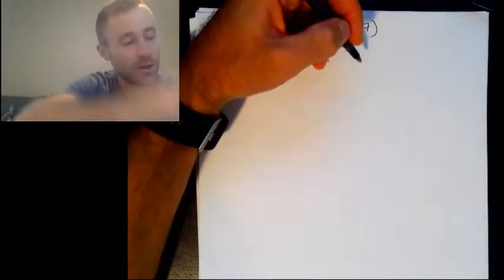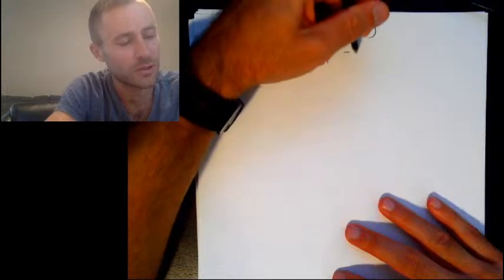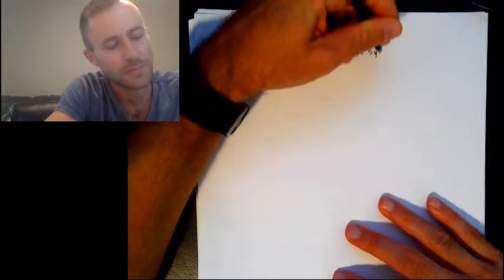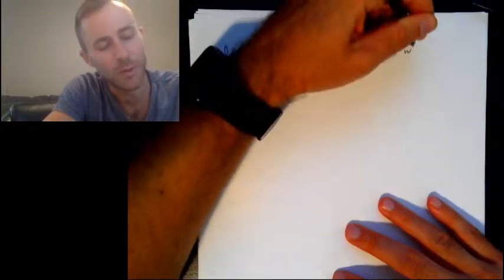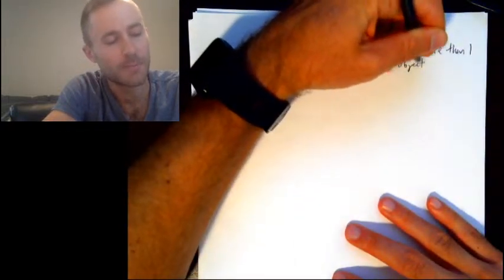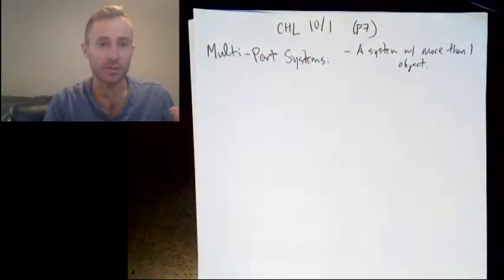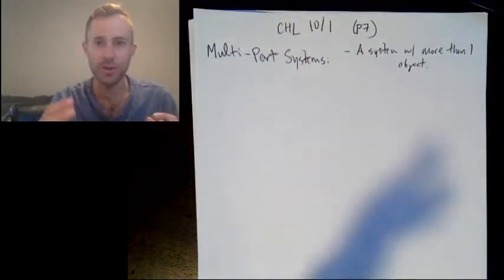Multi-part systems, it's just a system with more than one object. Each of these objects could have a different acceleration from every other object.